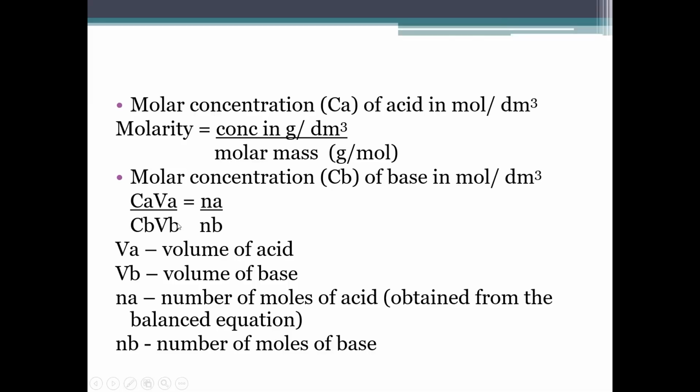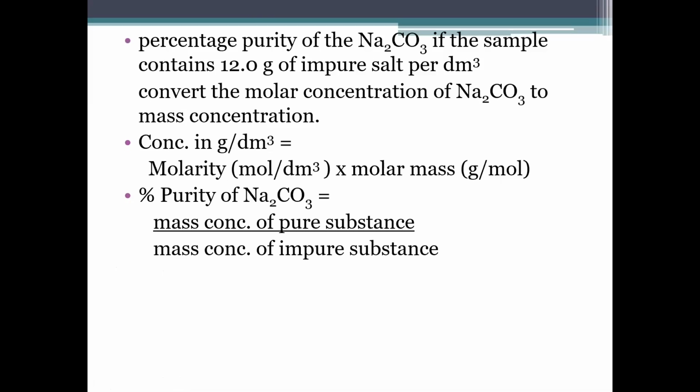The VB is the volume of your pipette of your base, and NB is the number of moles of the base. So of these 6 parameters, the only unknown is your CB, and you can calculate your CB when you fill in all the other parameters. And once you know the concentration of your base, that is your molar concentration in moles per dm cubed.